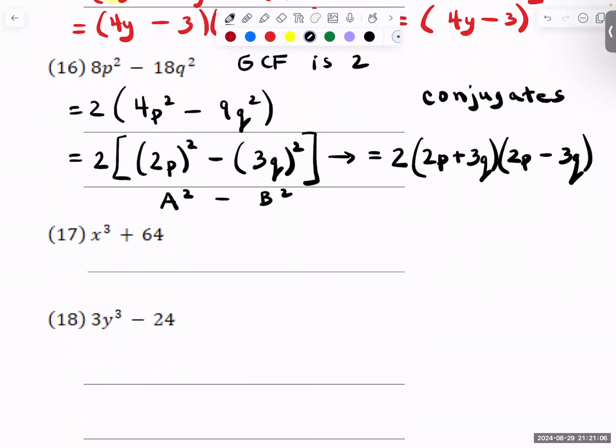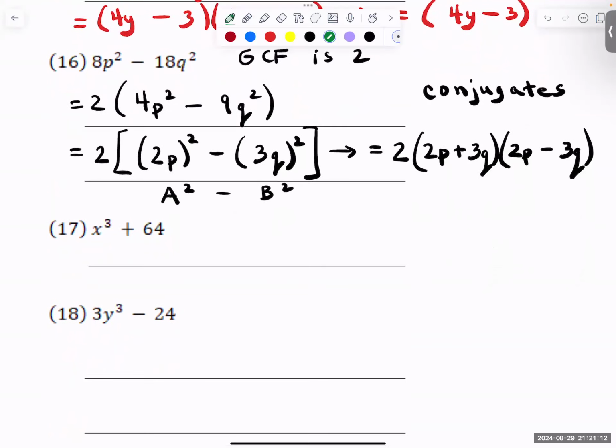Number 17. We have a binomial sum, and the clue, the exponent of 3 tells us perfect cube, which leads us to the question, is 64 a perfect cube? And we can figure out that 64 is 4 times 4 times 4, or 4 cubed.